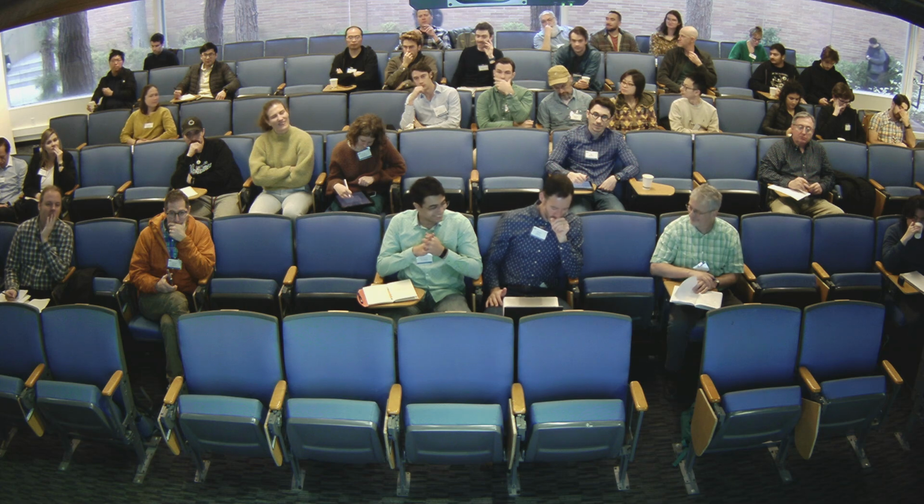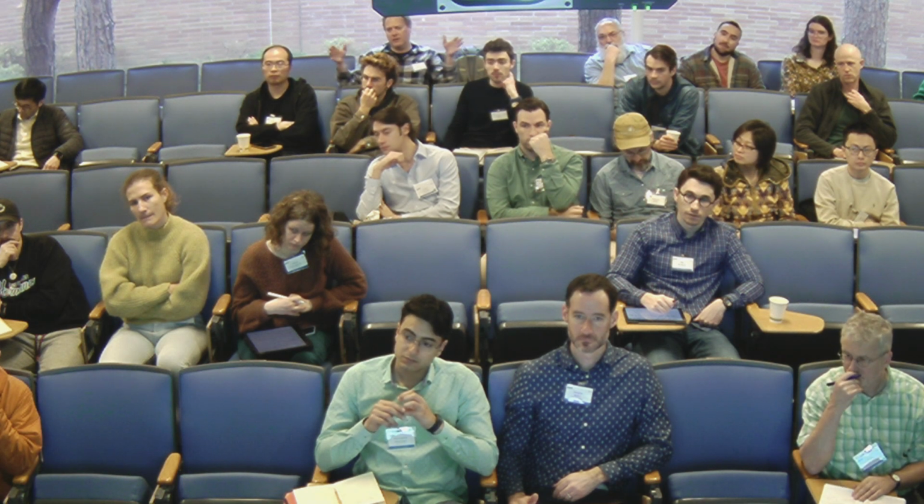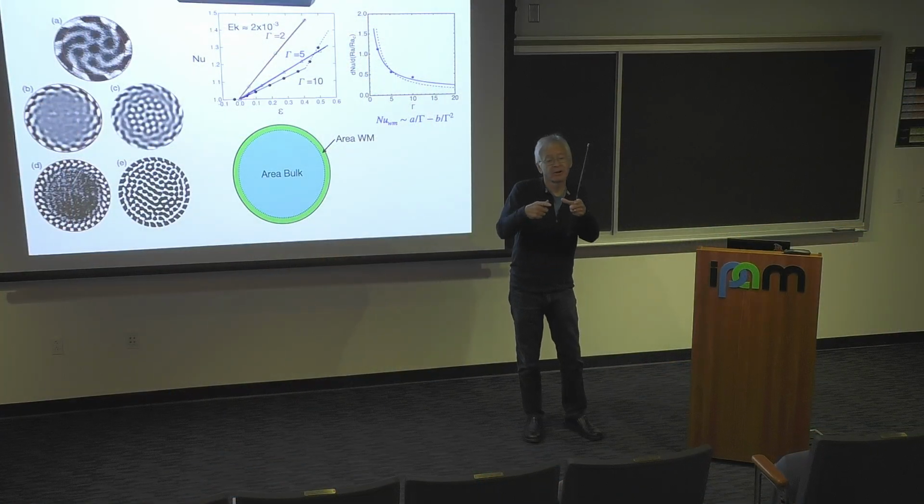What's your Ekman number? Is it the radius or the height in your Ekman number? The Ekman number is always defined by the height. So as you go to larger aspect ratio, are you keeping the height the same and just widening? No, it's complicated by the mirror geometry.